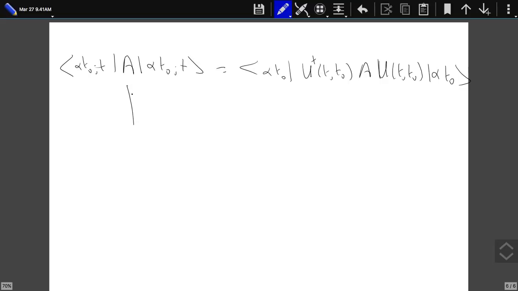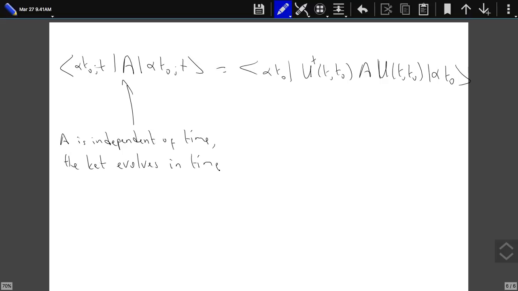You see here, on the left-hand side, A is independent of time. The ket evolves in time. This is what the left-hand side is telling me.